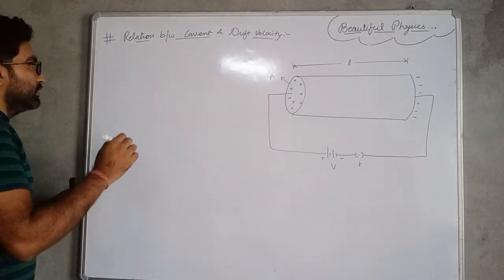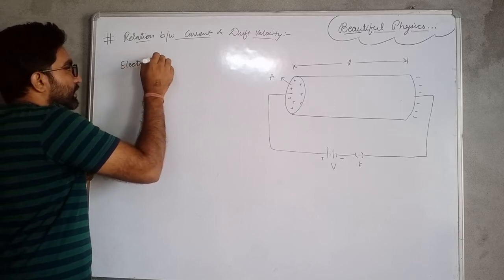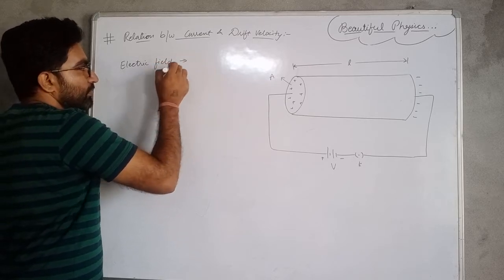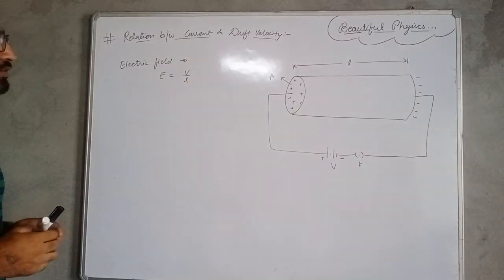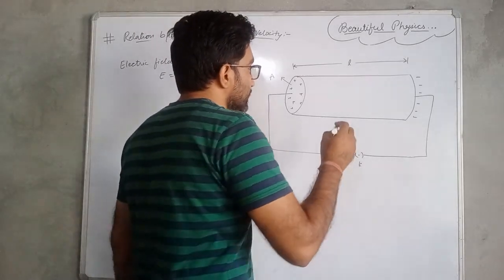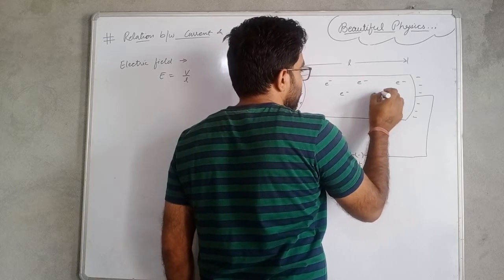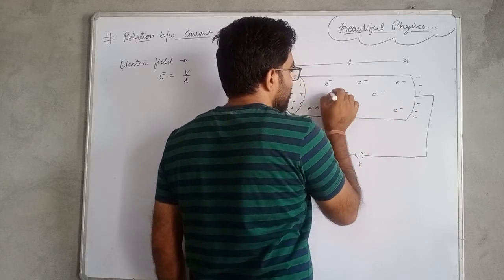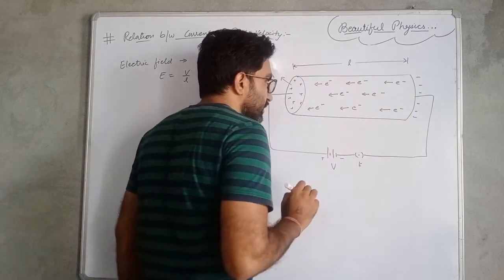So the electric field will be E is equal to V by L. Suppose that n number of electrons are present inside the conductor, drifting towards the positive potential with the average drift velocity Vd.